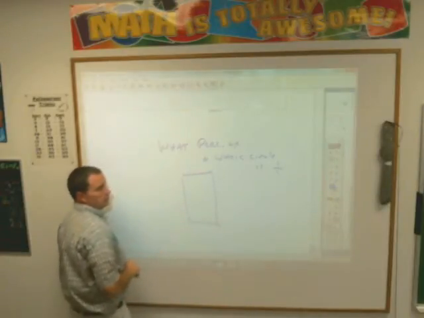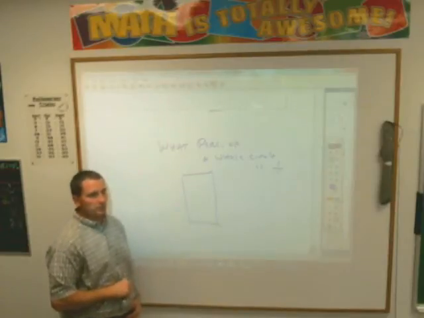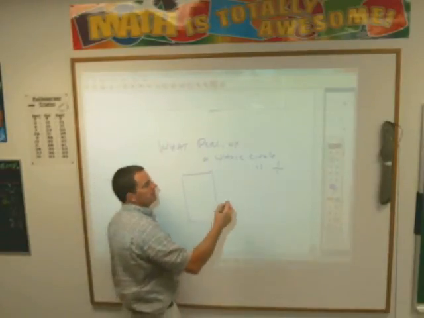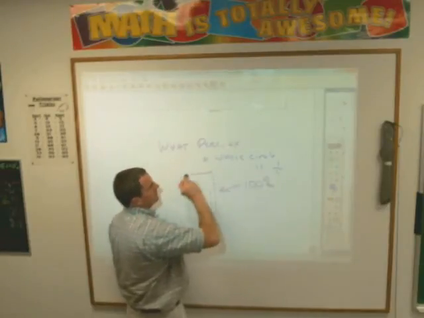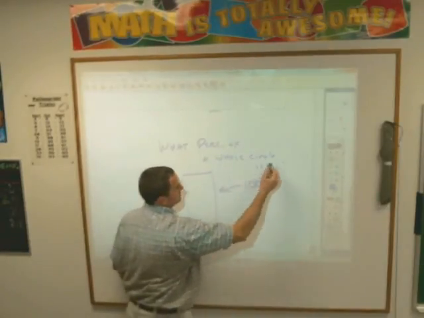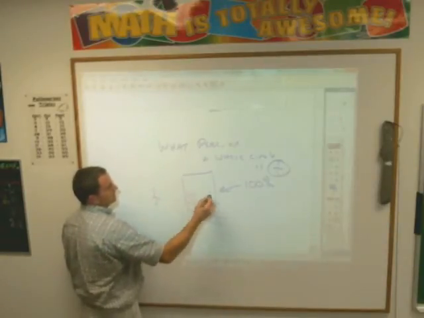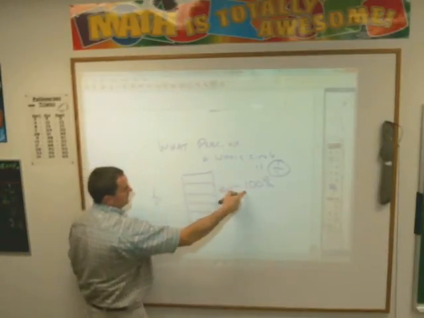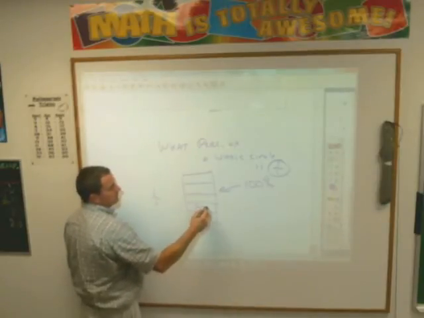A whole circle is what percent? 100%. So this whole thing stands for 100%, and you want 1/5 of it, so you're splitting it again into 5 pieces. You take 100 and divide it into 5 equal pieces. Each piece is going to be 20%.